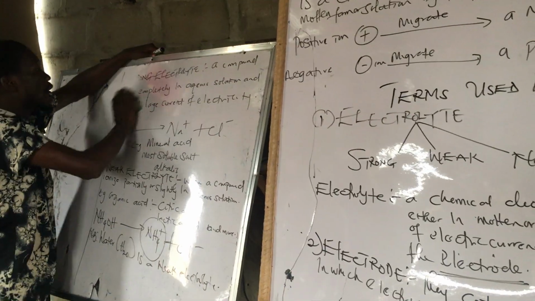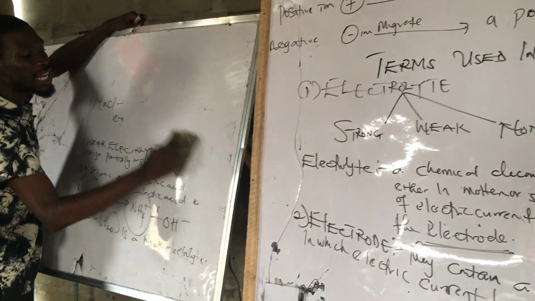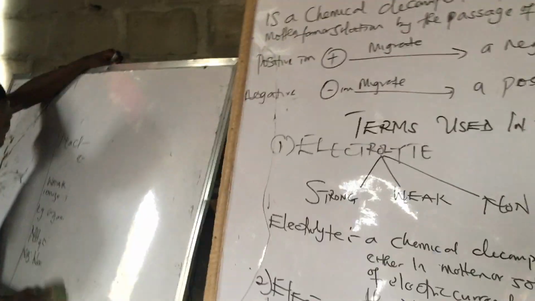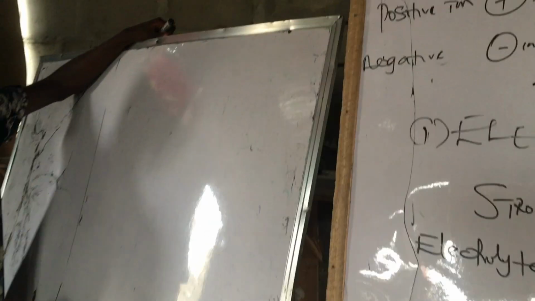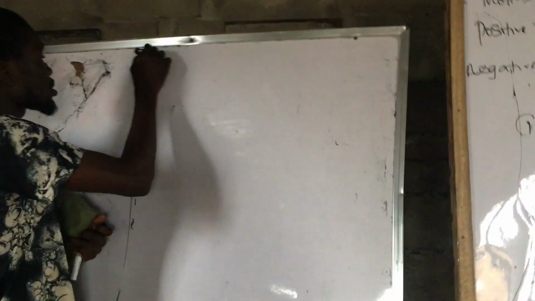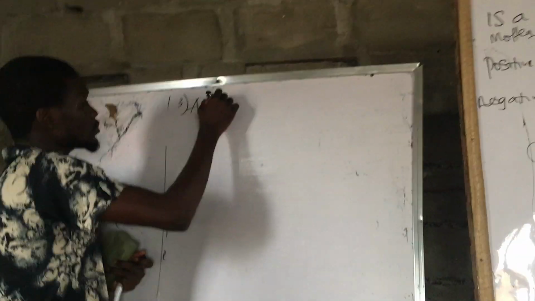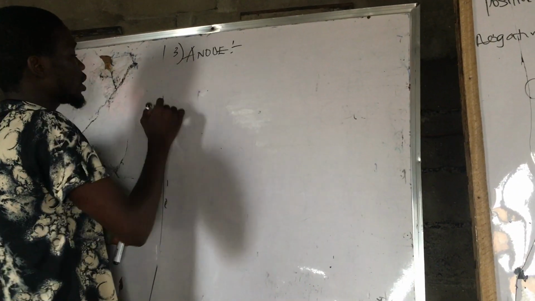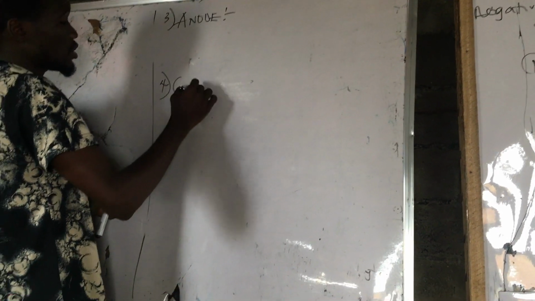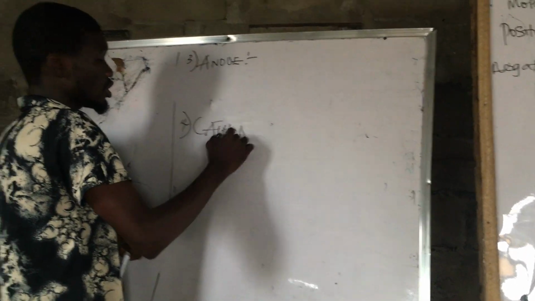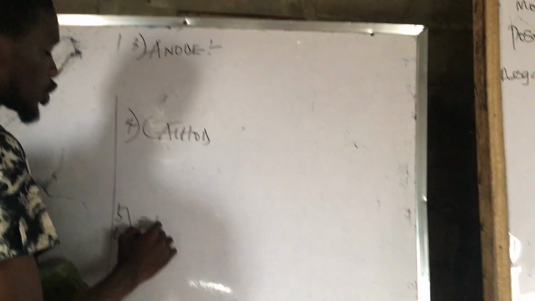So class, the two carbon poles that we are going to look at have been mainly classified under the terms used in electrolysis. The third one is the anode. The fourth one is the cathode. While the fifth one is the electrolytic cell.